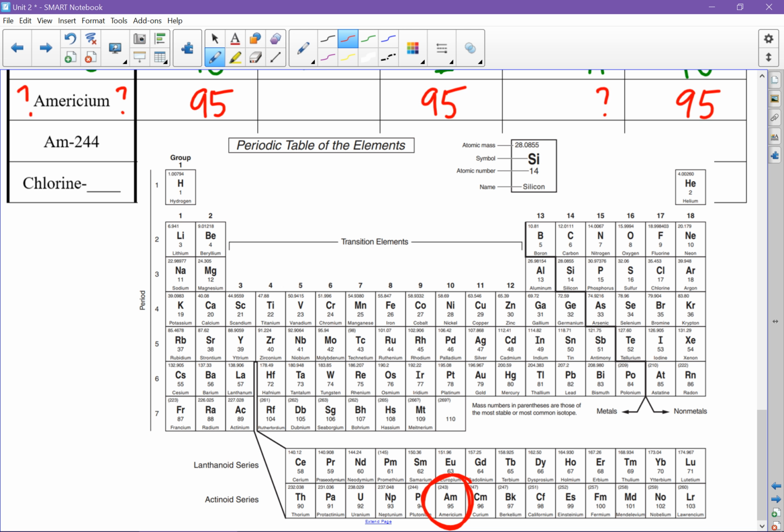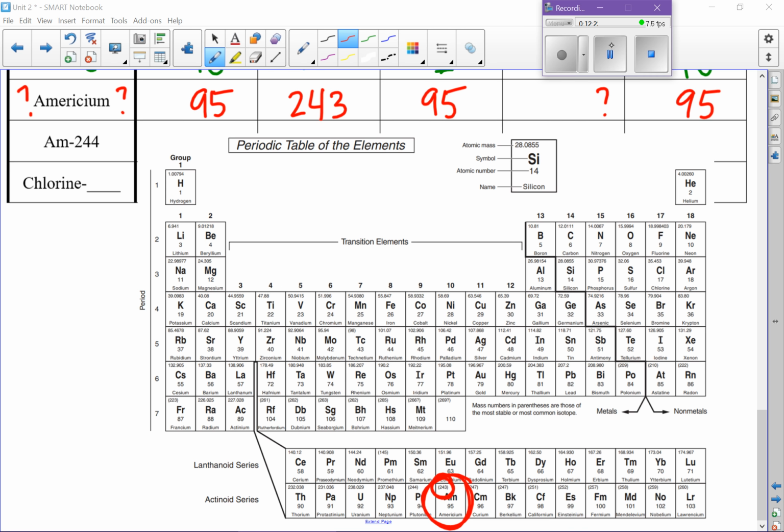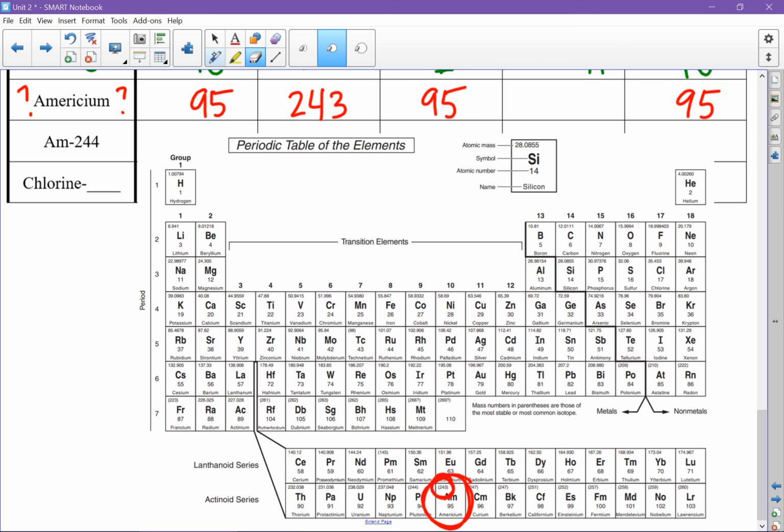So if I don't have a choice, I'm going to go to the periodic table and see down here it says the mass is 243. Since they didn't tell me, I'm going to use that as my mass number. Okay? If you don't have a choice, you have to look it up on the periodic table. Now we can use that to figure out that mystery number of neutrons by subtracting. So 243 minus 95 equals what? 148?